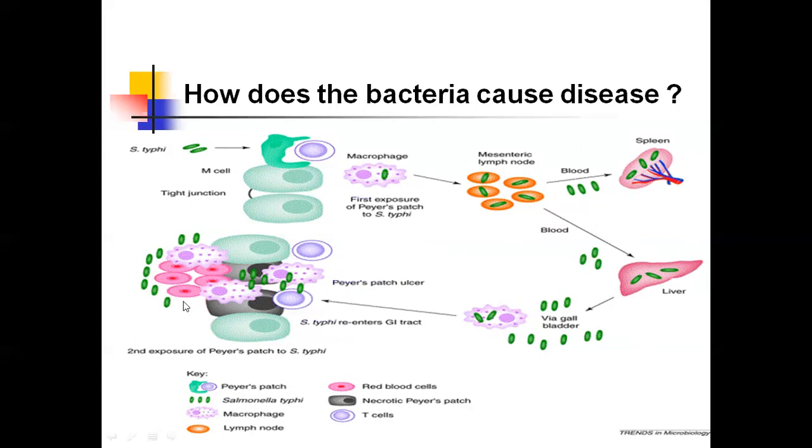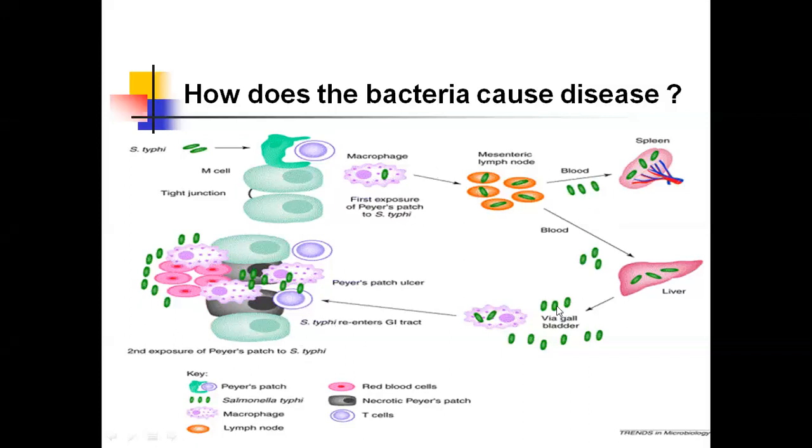And again, bacteria, after destruction of the Peyer's patch region, begin to reinfect the GI tract. Thus, the life cycle of pathogenic Salmonella typhi starts from the ileal Peyer's patch and again completes in the Peyer's patch.